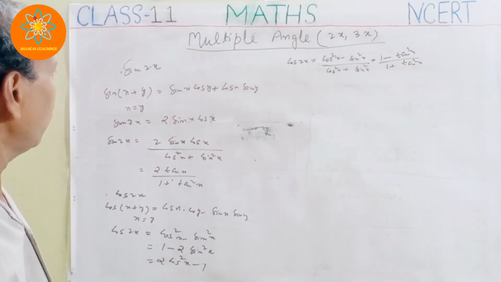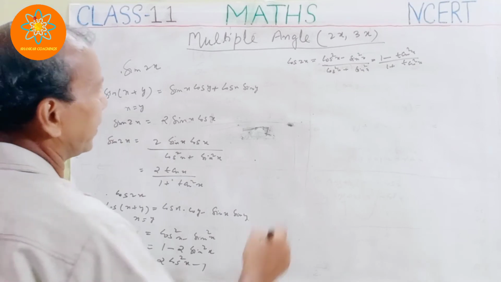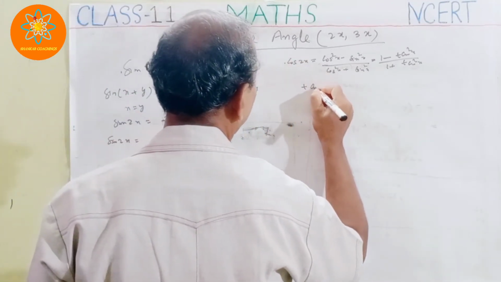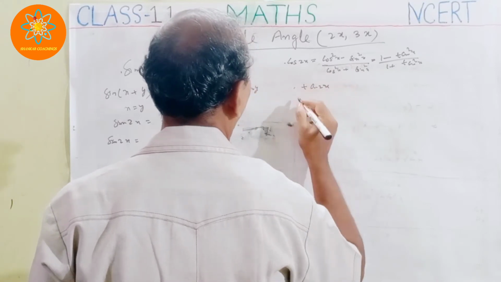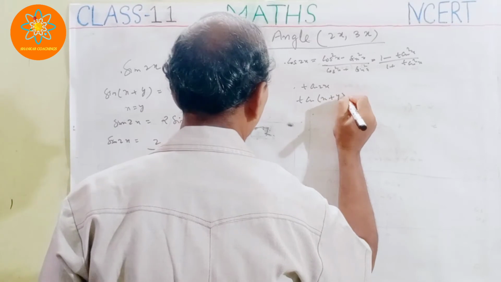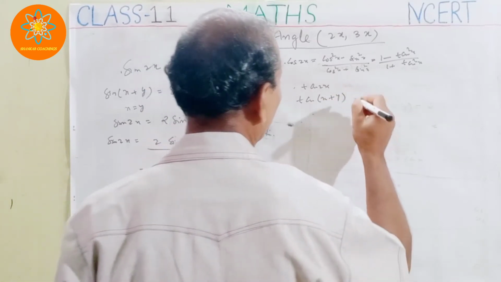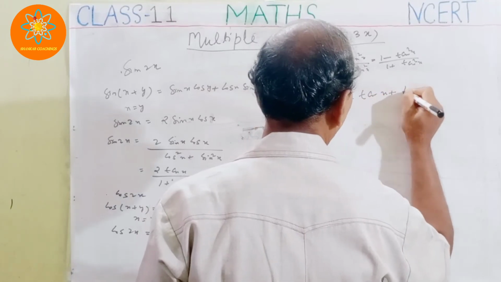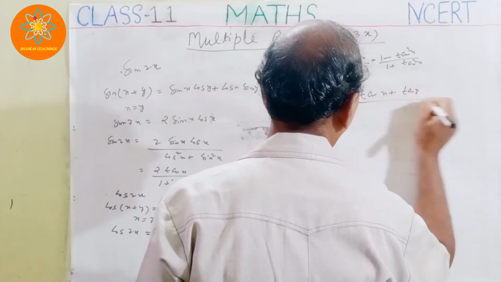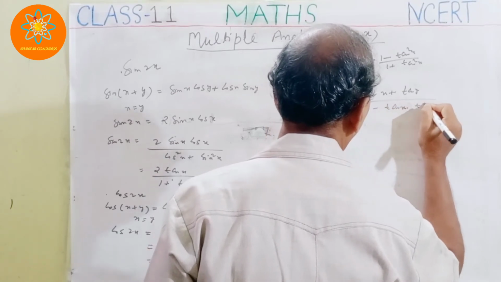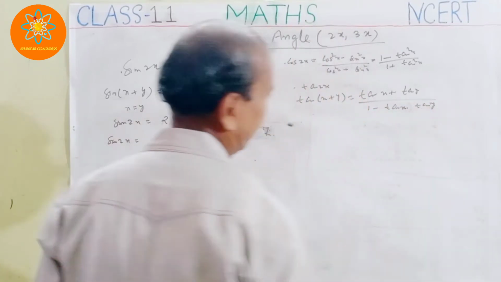Now come to tan 2x. I want to find tan 2x. What is the value of tan (x plus y)? This is equal to tan x plus tan y divided by 1 minus tan x into tan y.